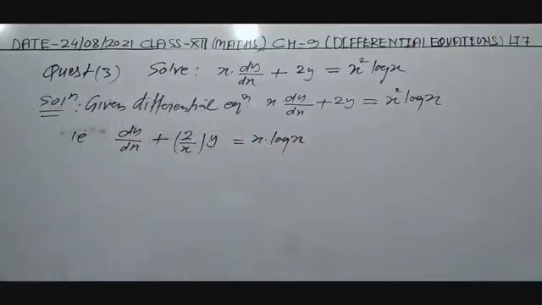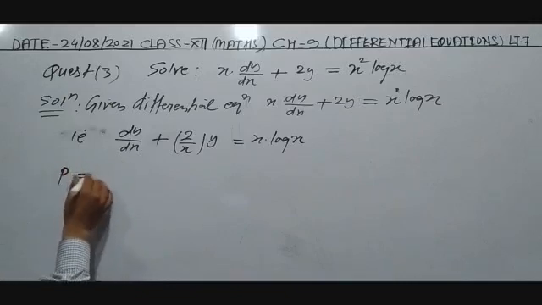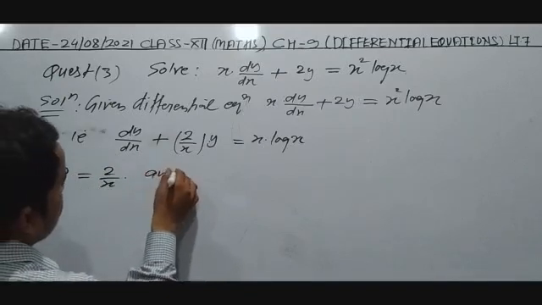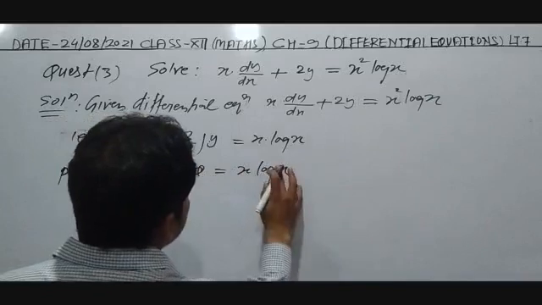This is the format of dy by dx plus py is equal to q. So comparing, you will get p is equal to 2 by x and q is equal to x times log of x.